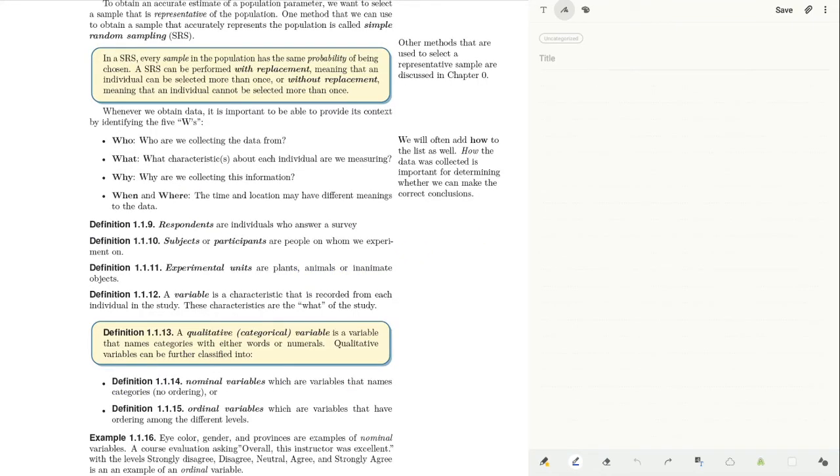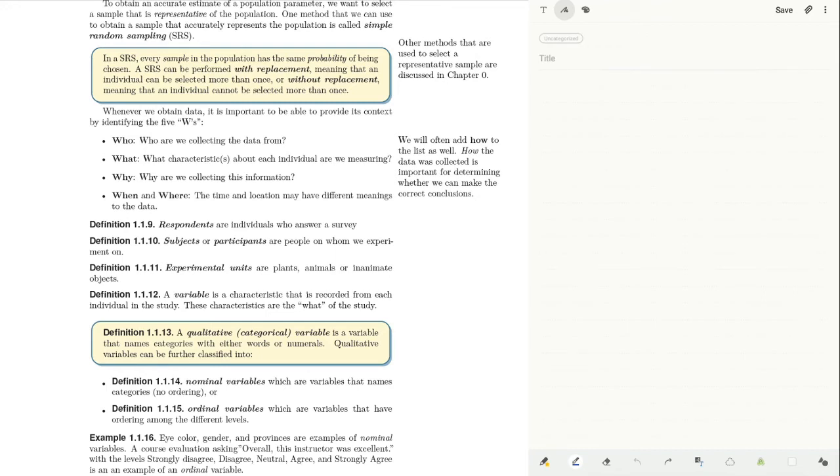If we want to make an accurate estimate of a population parameter, then we want to ensure that the sample that we obtain is representative of the population. And a method that we can use to select a representative sample is called simple random sampling. In a simple random sample, every sample will have an equal chance of being selected.